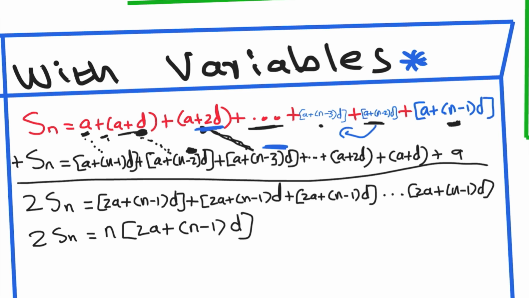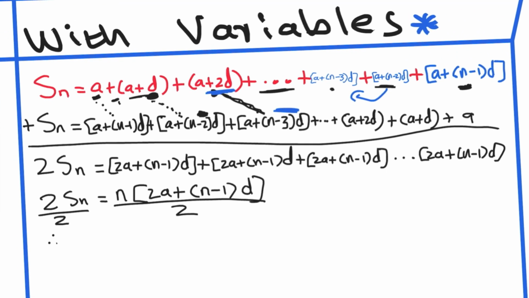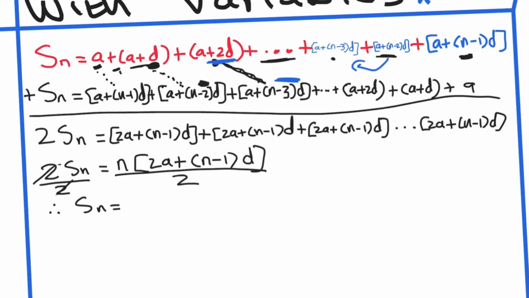Does that make sense? So now I can divide by 2 because I'm solving for Sn. Therefore, Sn is equal to n over 2 into 2a plus n minus 1 into d. Then you close. Then that's the formula, guys.